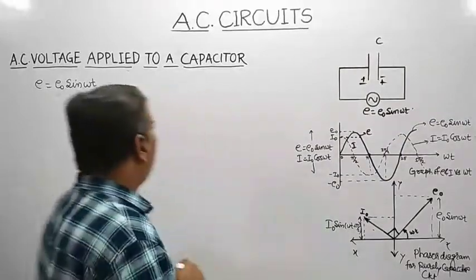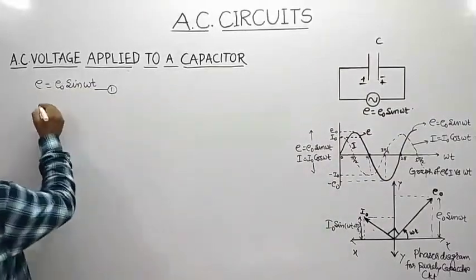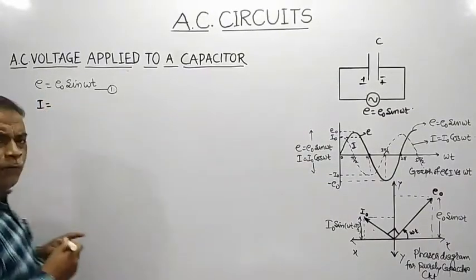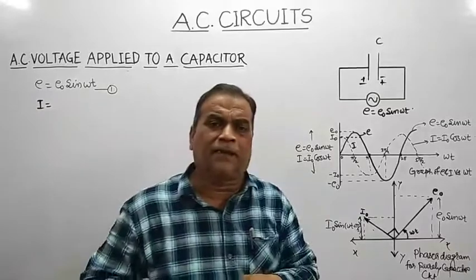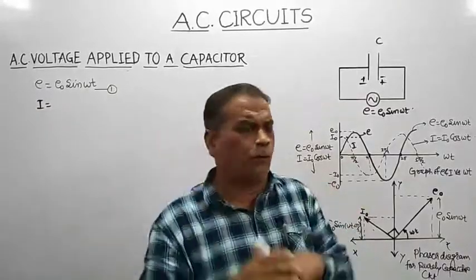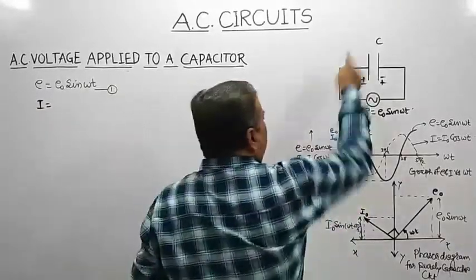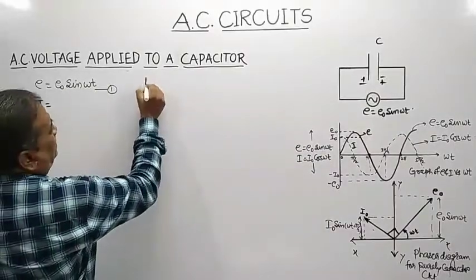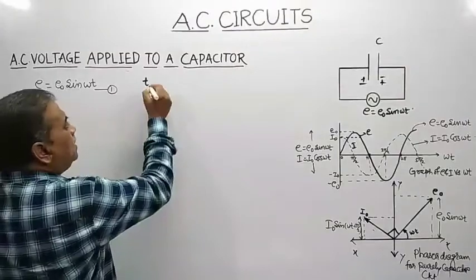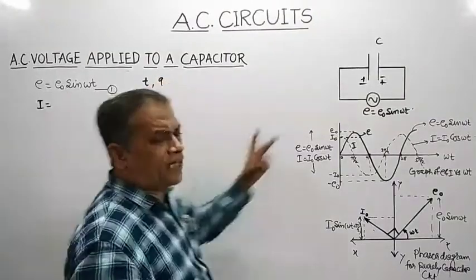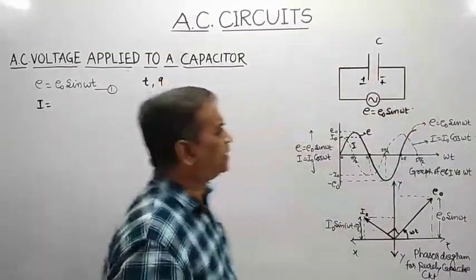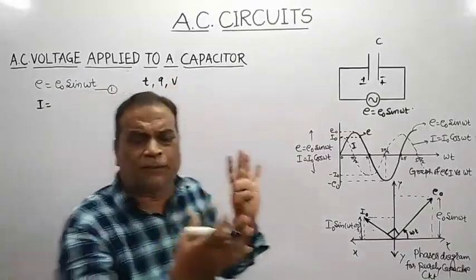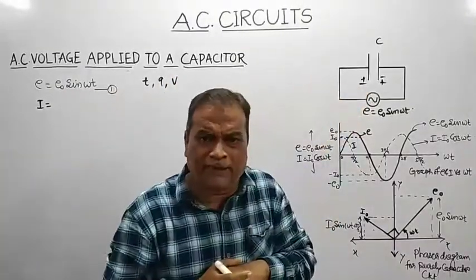And remember, by definition, current is nothing but the rate of flow of charge. Suppose at some instant of time t, let Q be the amount of charge deposited on the plate of a condenser, and let V be the potential difference between the two plates of the capacitor.